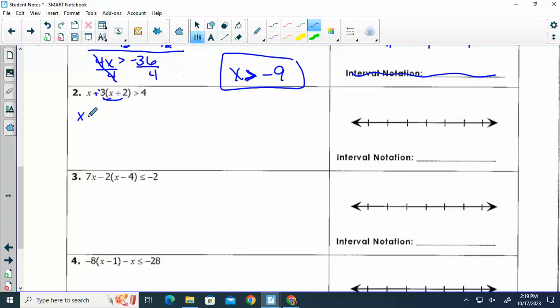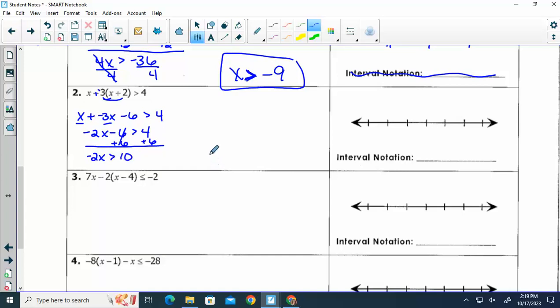So we get x plus negative 3x minus 6 is greater than 4. Positive x and negative 3x. And we can add the 6. So negative 2x is greater than 10.